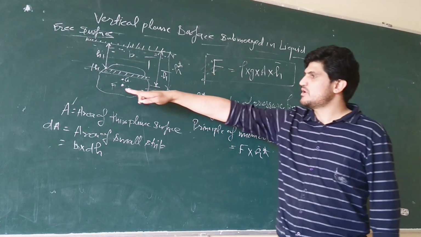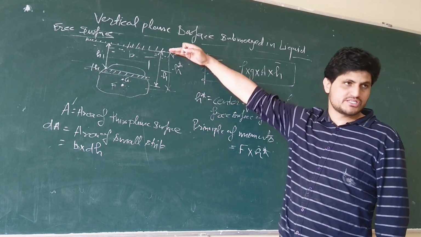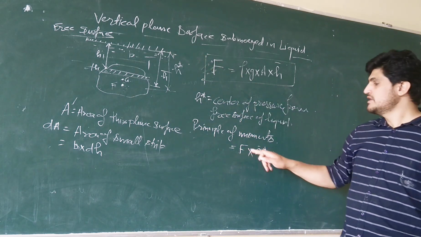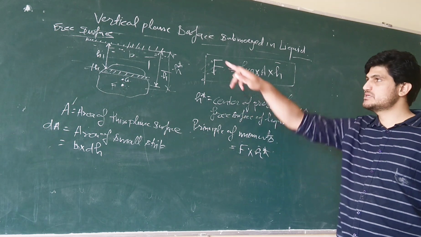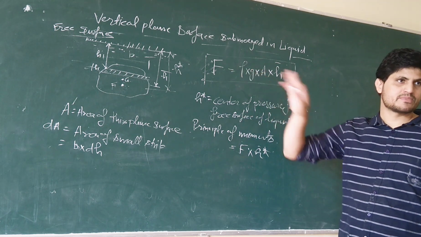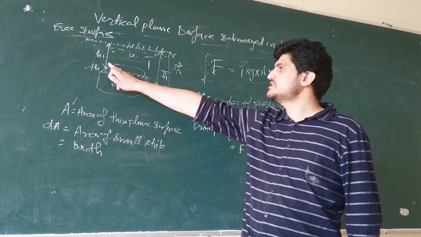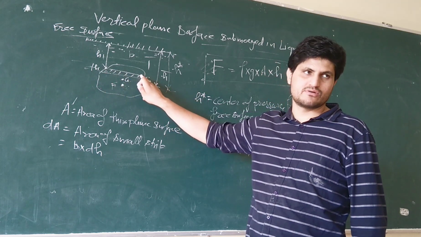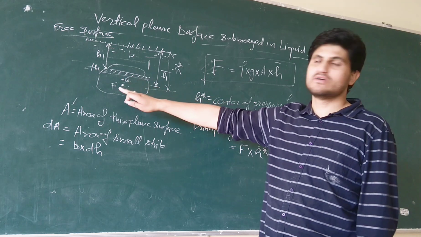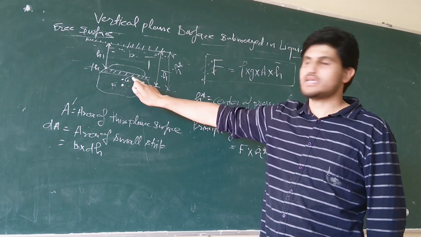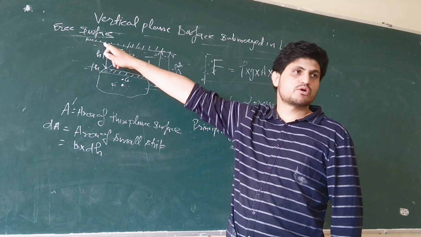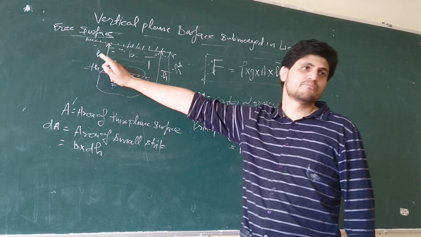So F multiplied by h star will be the moment of your resultant force about the free surface of liquid. Let us calculate the moment of the small force dF. What is dF? dF is the small force which is acting on the small strip. What is the distance of the small strip from the free surface? It is equal to h.